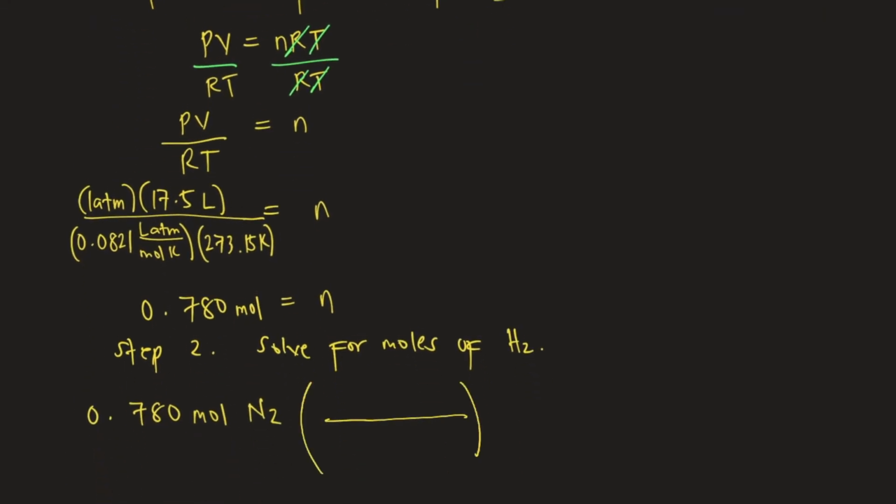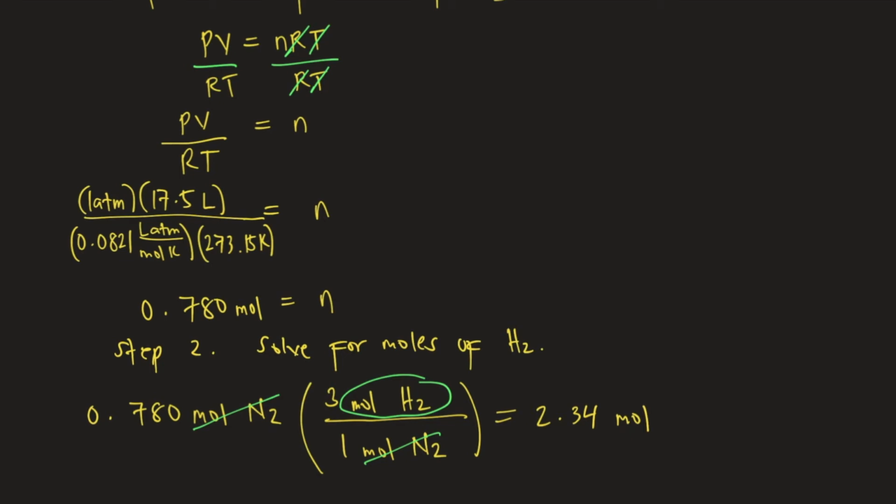So again, the ratio is for every 1 mole of nitrogen, 3 moles of hydrogen. So the moles of nitrogen will cancel. We have moles of hydrogen. And this is equal to 2.34 moles. So the moles of hydrogen is 2.34 moles.